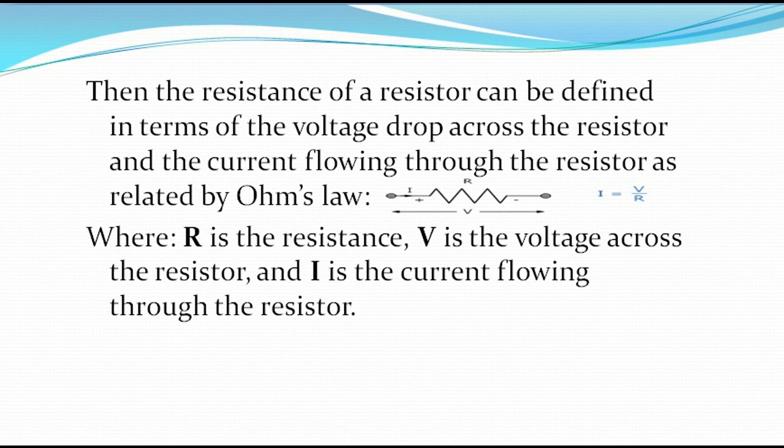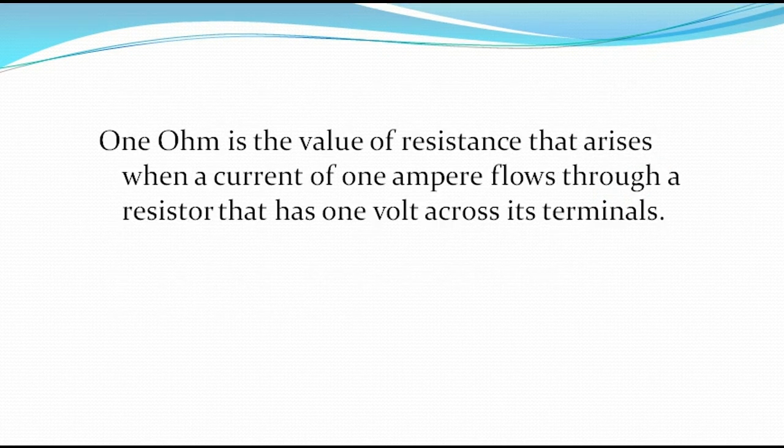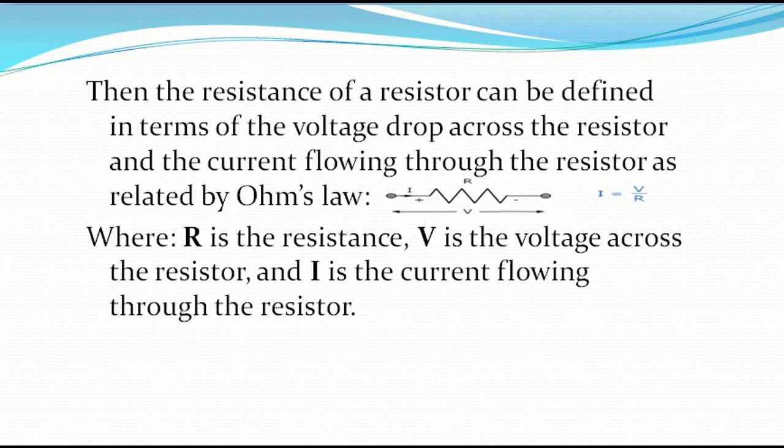So voltage must be there, pushing the current to go forward. As soon as it enters the resistor, 1 ohm is the value of resistance that rises when a current of 1 amp flows through a resistor that has 1 volt across its terminal. Simple. This is the first terminal, while this one is the second terminal.